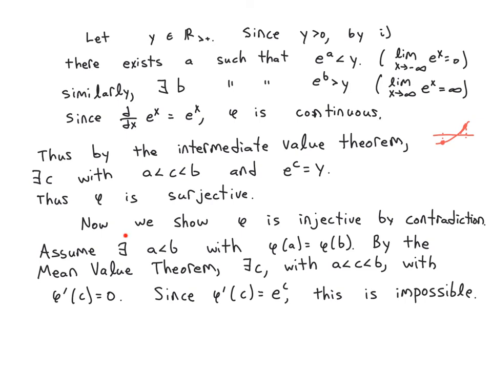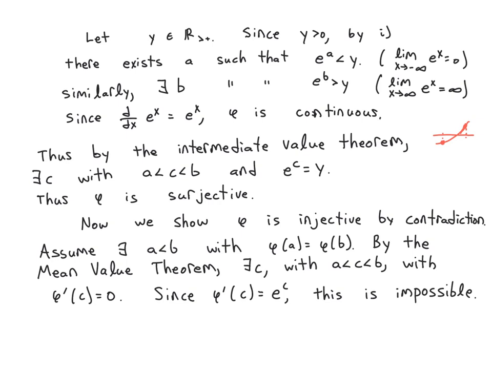Similarly, the only argument I know to show it's injective is through calculus, by using contradiction. Suppose you could find two points where phi of a is equal to phi of b. In other words, where e to the a is equal to e to the b, where a and b are distinct. Since we're assuming they're distinct, we might as well assume one is smaller than the other.